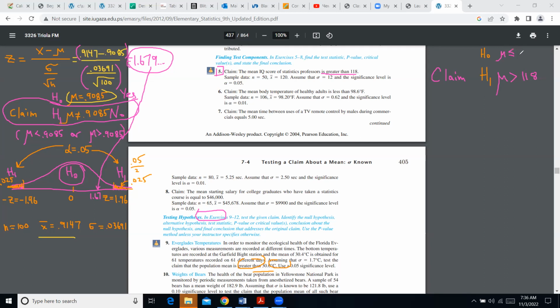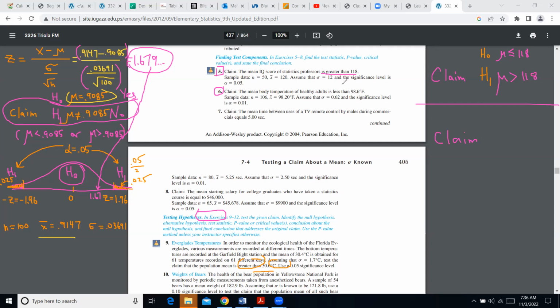So once you made such a decision, the whole process starts going. I don't want to go through the process. My goal right now is to make sure that we produce the claim. So let's have you try to put the claim in either H1 or H0 for exercise number 6.